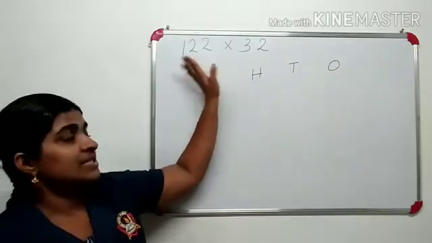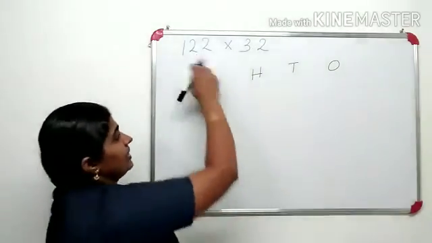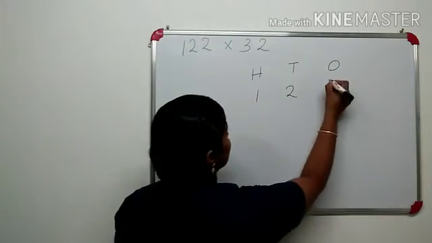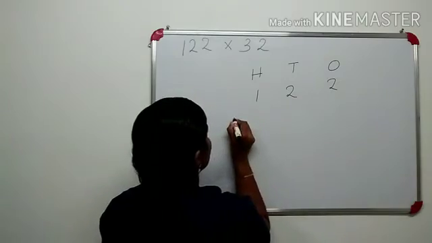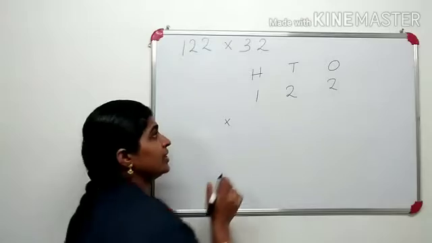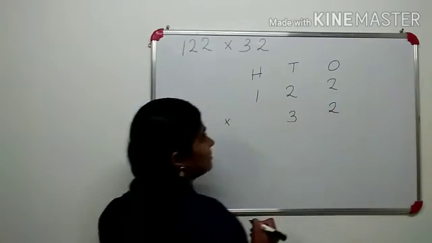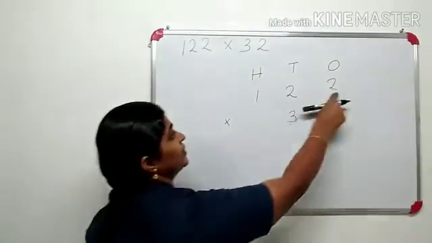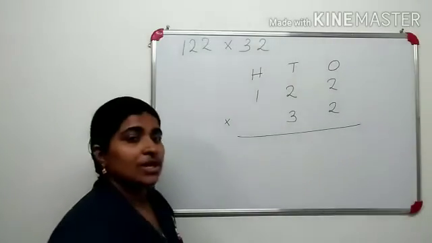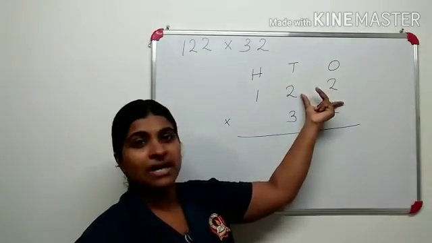So we are arranging these numbers in our place value chart. 122 is our multiplicand, multiplied by 32. 32 has only 2 digits, so we are arranging them in tens and ones place. 122 into 32. First we multiply the ones digit of the multiplier by the multiplicand.